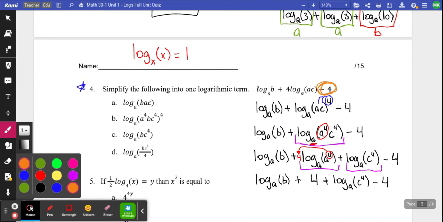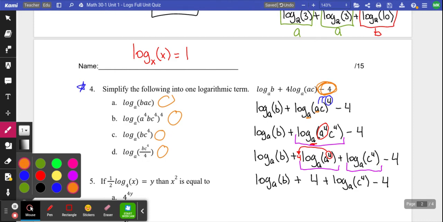So that told me that somehow I'm going to have to get rid of that minus 4 because none of my answers have a minus 4. And that told me that somehow I'm going to have to take one of these logs and turn it into a number, which got me looking for things like, do I have a same base and same argument anywhere?